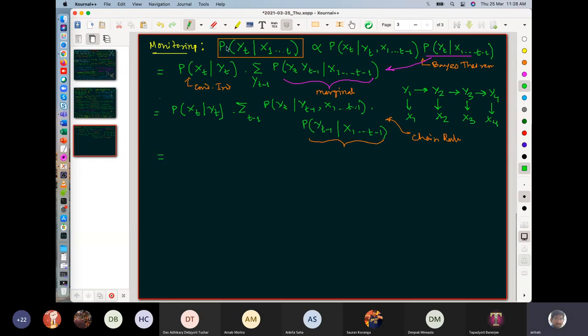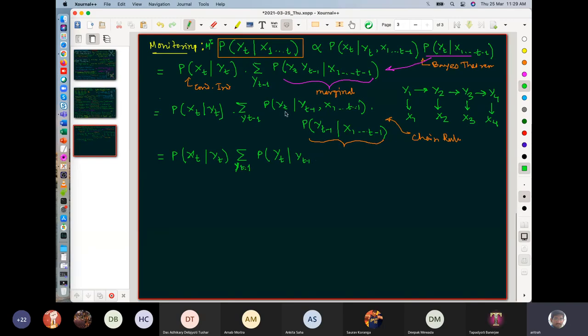Suppose I call this monitoring, MT. Then obviously this one is probability of xt given yt, summation over all the marginals of yt minus 1, probability of yt given yt minus 1.